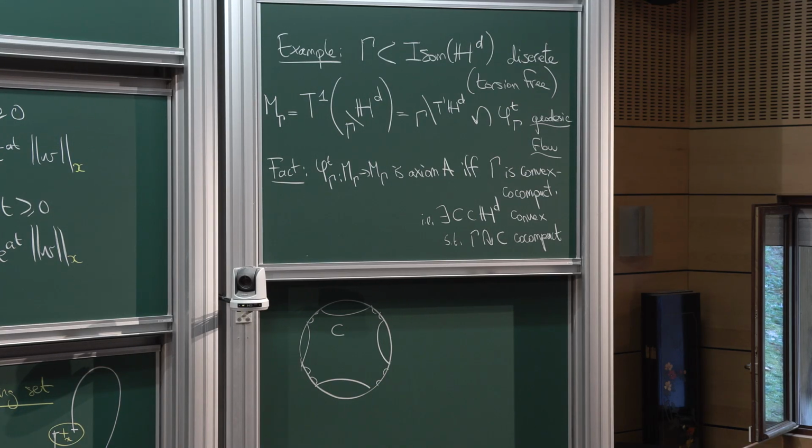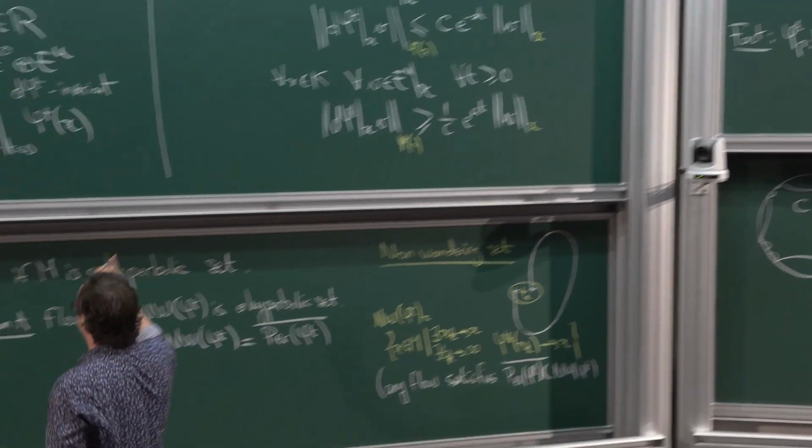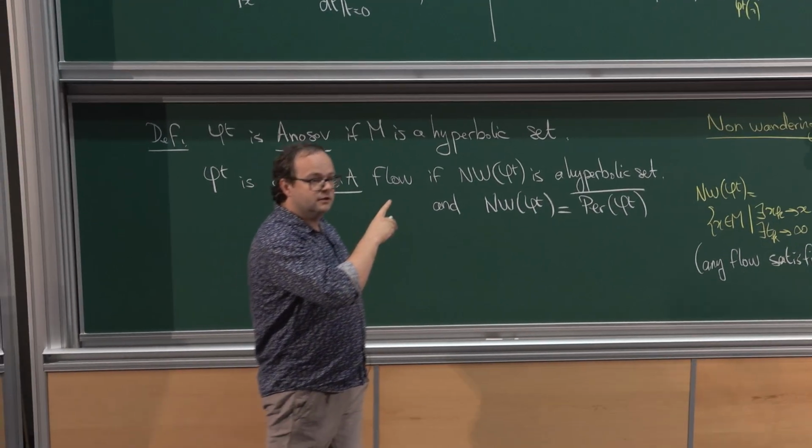if you have a convex cocompact subgroup. And what will be the non-wandering set of this geodesic flow on the quotient? Well, essentially, to have a non-wandering orbit, the flow will have to stay in a compact subset, right?